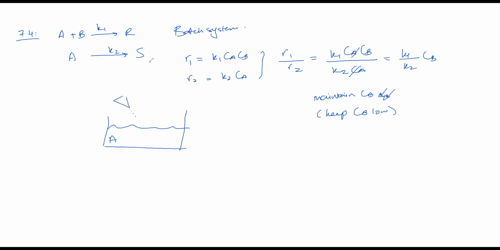I'm going to slowly introduce B into my system. This way, Ca is always very high, right? And Cb is always very low. Because the amount of B compared to A will be very low, so the concentration of B will be very high.